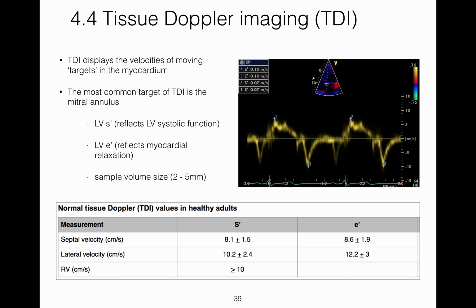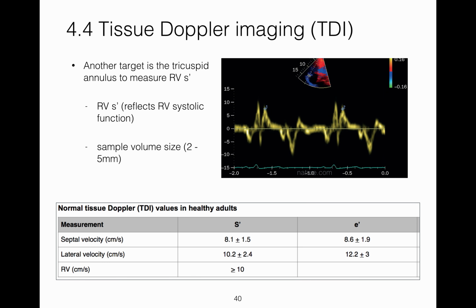Therefore, the units for tissue Doppler are centimeters per second. Tissue Doppler is also used to measure RV systolic function by measuring the tricuspid annulus movement. As indicated on the table here, a normal RV S' value is greater than 10 centimeters per second.